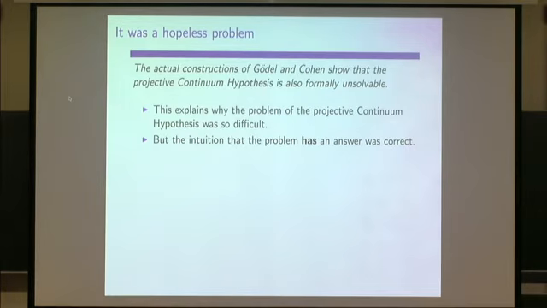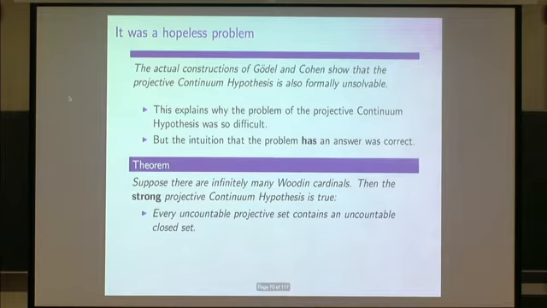But the intuition that the problem has an answer was correct. Here's the theorem. Suppose there are infinitely many Woodin cardinals. Then the strong projective continuum hypothesis is true. The strong projective continuum hypothesis simply asserts that every uncountable projective set contains an uncountable closed set.